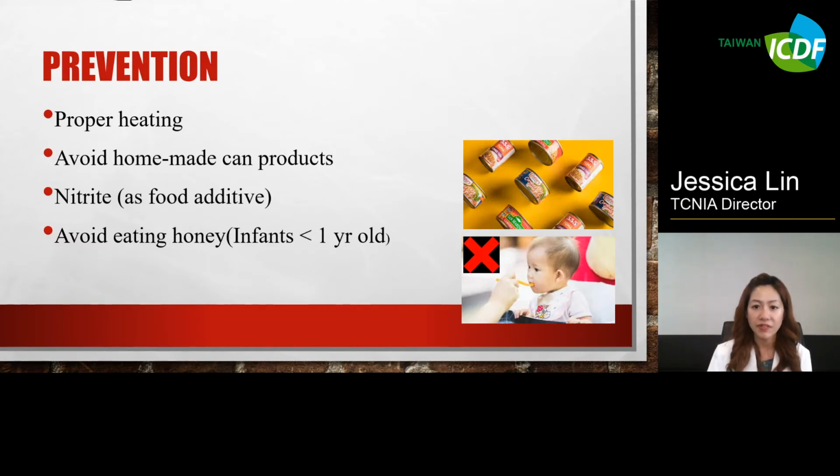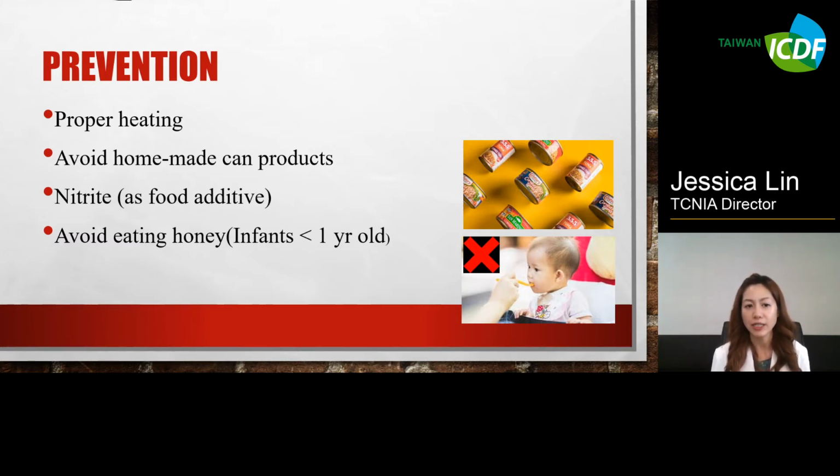So how do we prevent consuming food that's contaminated with C-botulism bacteria? First of all, proper heating all the time. Make sure you check the temperature, make sure you don't eat anything that's undercooked. Avoid handmade canned products like I mentioned earlier, because it can be the right environment for C. botulism to grow.